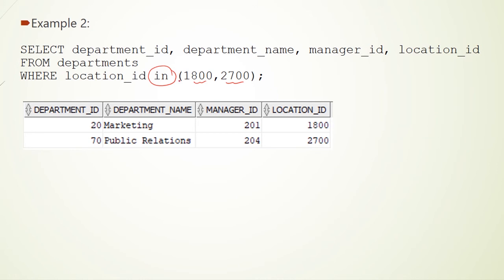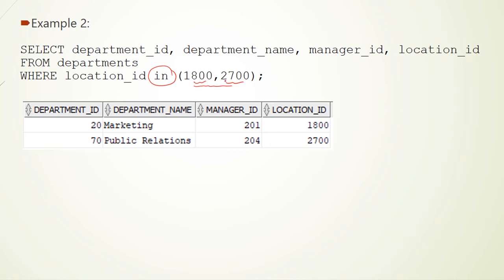If the location ID equals 1800, the record will be returned. If the location ID equals the second value in the list, 2700, the record will be returned by the select statement. So if the location ID is one of the values specified in the list, the record will be returned.